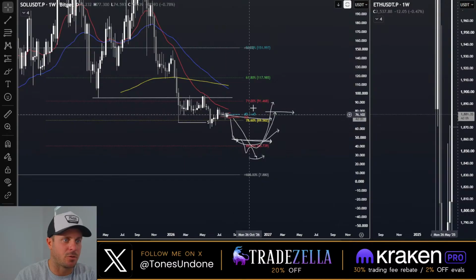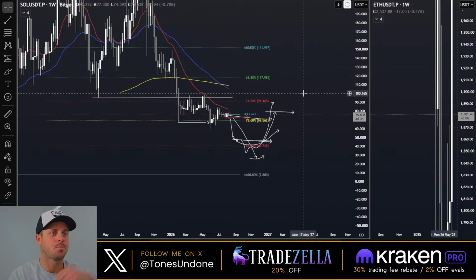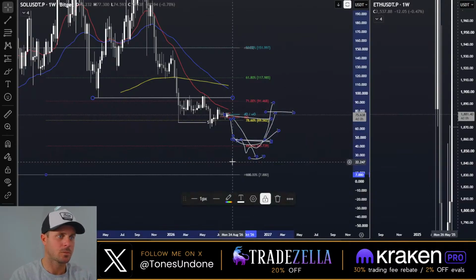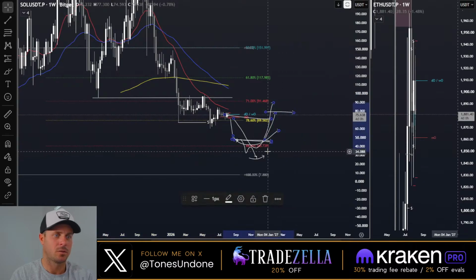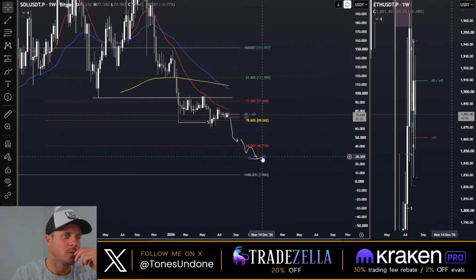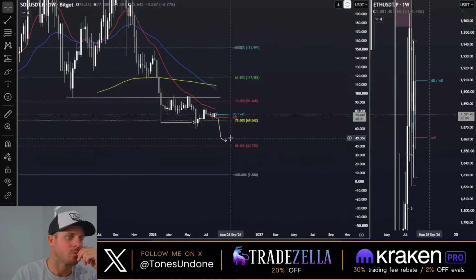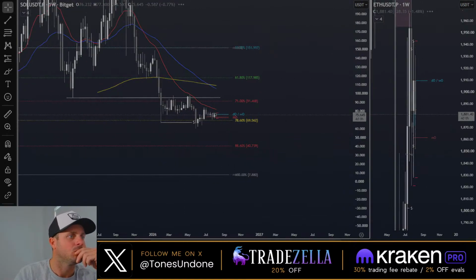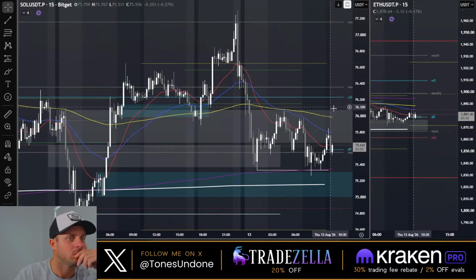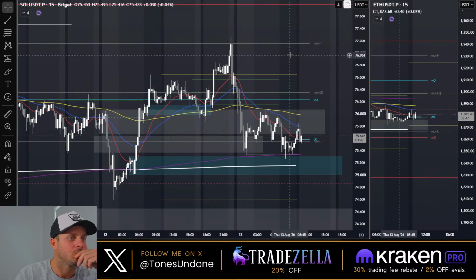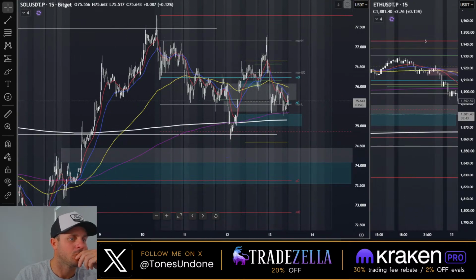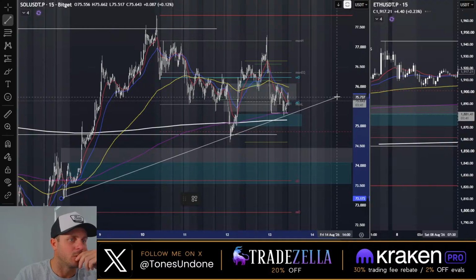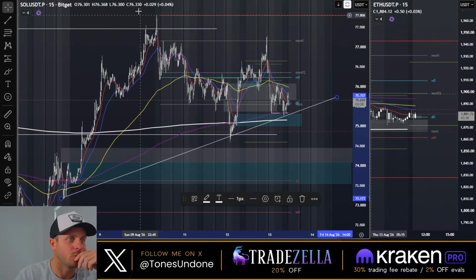That's why I think we're gonna range, and then the 50 is gonna catch up. So far, we are still stuck in that triangle.